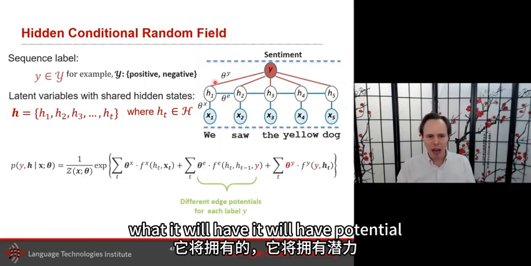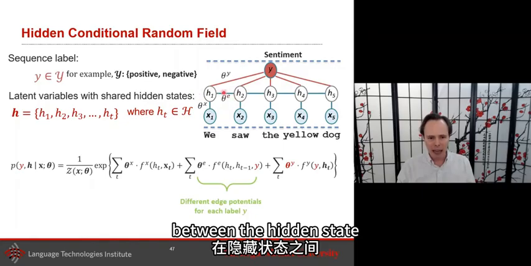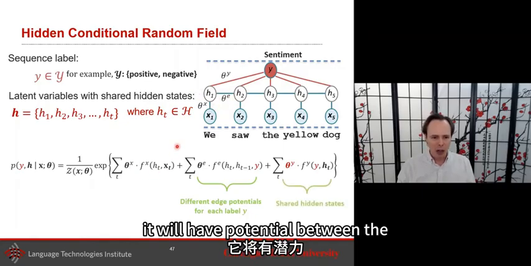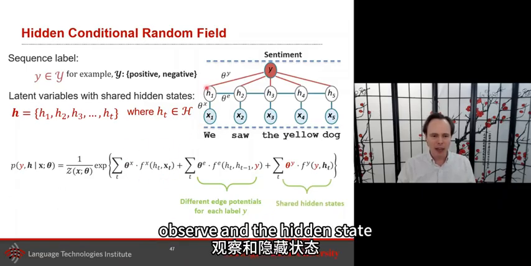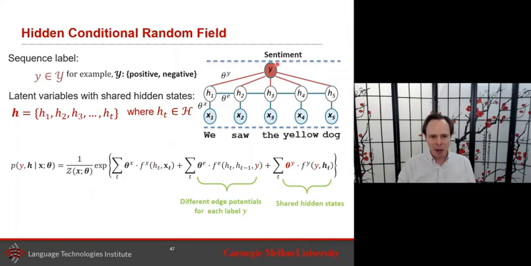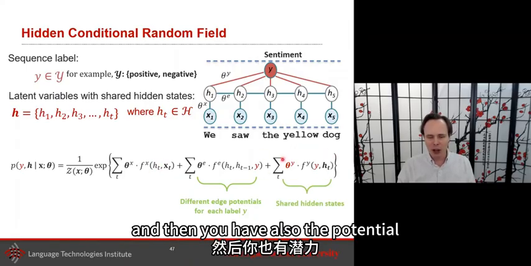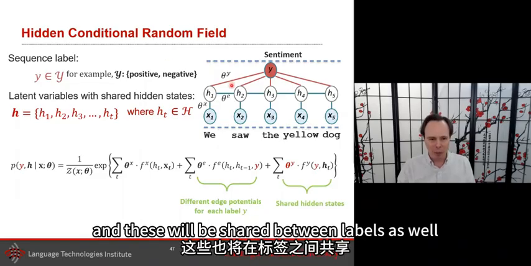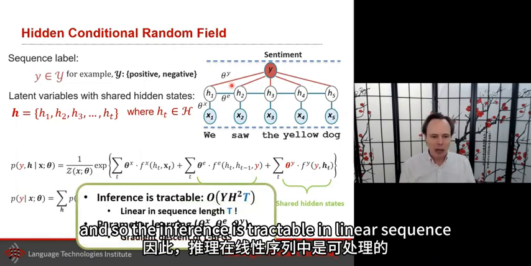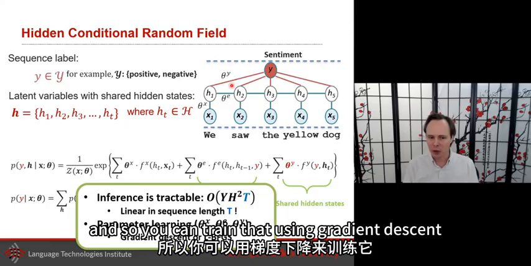It will have potentials between the hidden states. It will have potentials between the observed and the hidden states. That's the same. And then you also have potentials that will be shared between labels as well. And so the inference is tractable in linear sequence, and so you can train that using gradient descent.